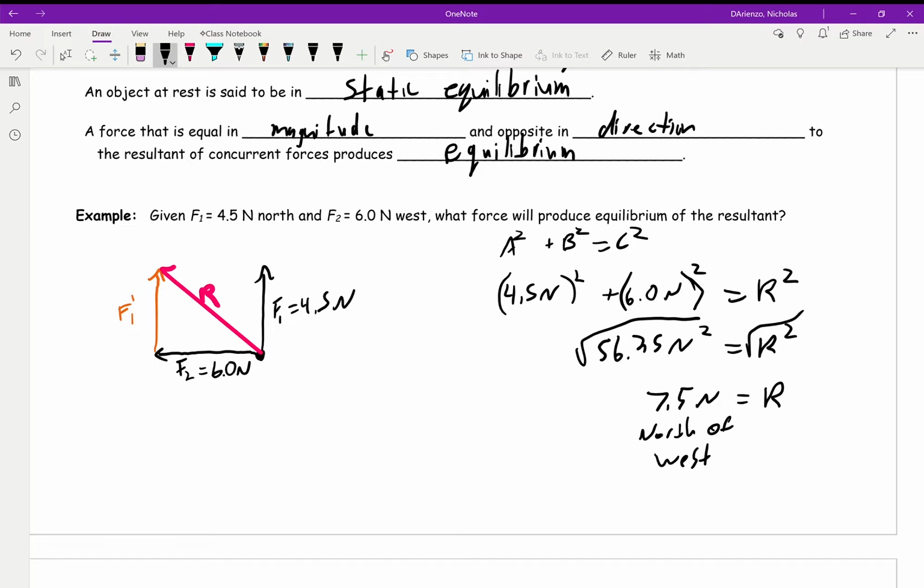So what we want to look for now is the force to produce equilibrium. We want to figure out what that force is going to be. And that force is going to be equal in magnitude to R, but opposite in direction to R. It's essentially going to cancel out our resultant and put our net force there into equilibrium.